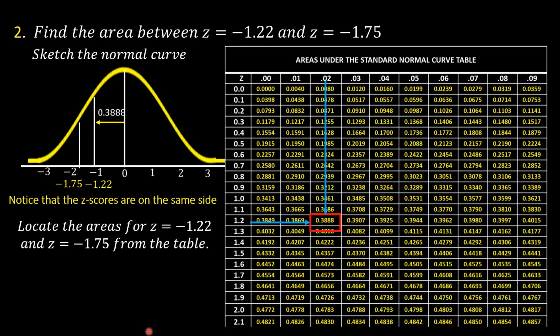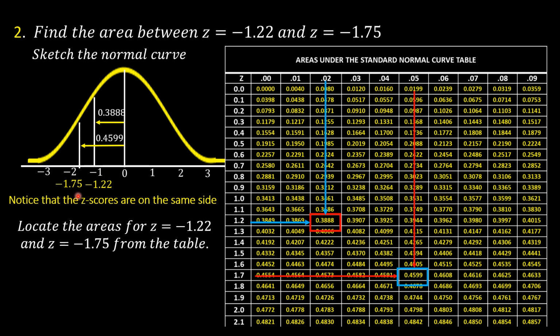The intersection of the row containing 1.7 and the column containing 0.05 is the 0.4599. This is the area from z is equal to 0 up to z is equal to negative 1.75.